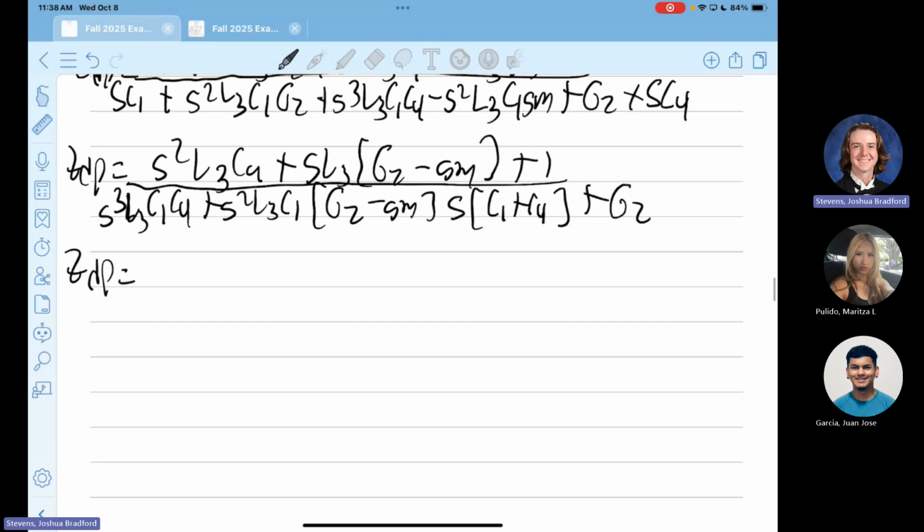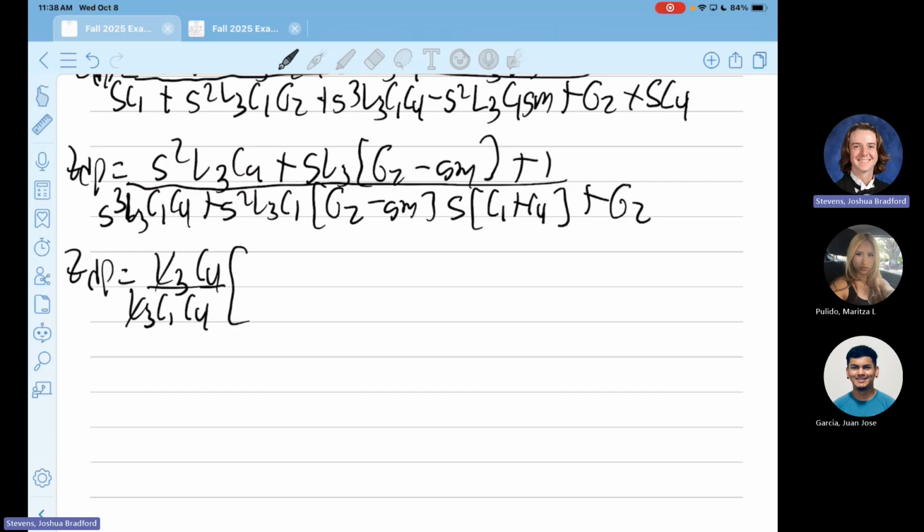So for the numerator, we'll take out an L3C4, and L3C1C4 on the denominator. Does everybody see why? This term is multiplied by that, so we have to take it out. The highest form of S is also multiplied by L3C1C4. Take it out. So that'll become our K.